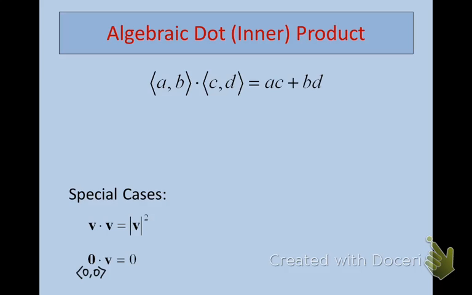So that's why this works out: if I take the zero vector and dot product it with another vector that has actual values, that's going to be 0 times a, plus 0 times b, but what's that going to equal? The real number 0, right? So make sure you're paying attention to that difference in notation. The zero vector dotted with the vector is going to equal the real number 0. Okay?